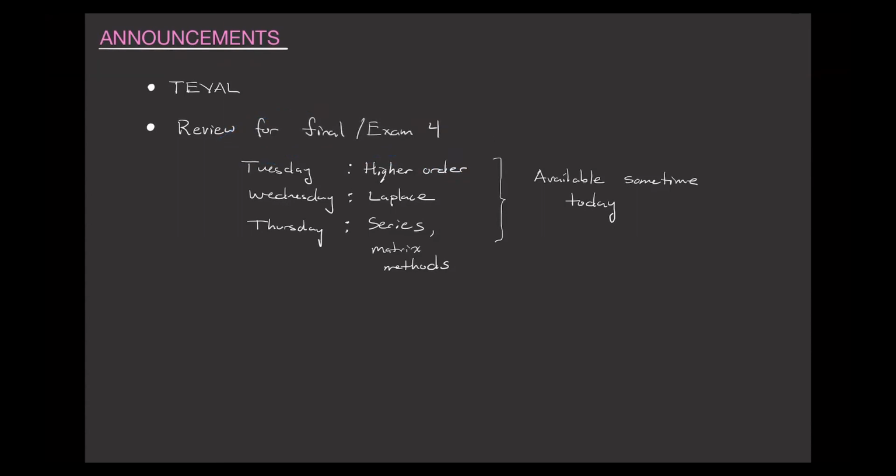So these are ones that we've seen a little less. In particular, series matrix methods will be new for the review, but they'll be, again, the same rough length and so on, and available at some point today. I'll try to get to it right after we're done in class here. And I think that's what I have for reviews.